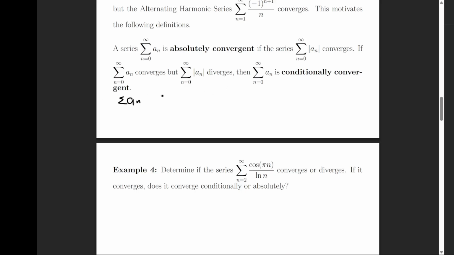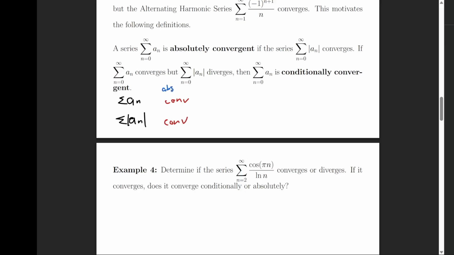This is the thing of a sub n, and then the absolute value of a sub n. So if a sub n converges, well, in this case, it has to converge if you want to ask whether it converges conditionally or absolutely. If it converges normally, and it also converges when you take the absolute value, that means it absolutely converges.